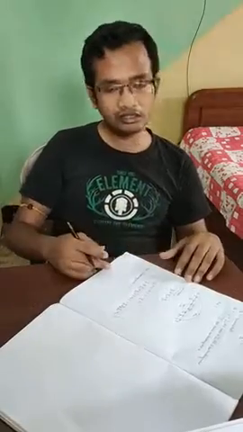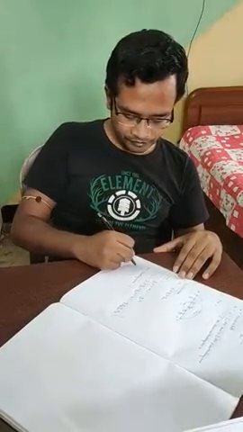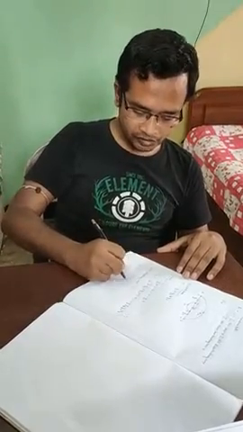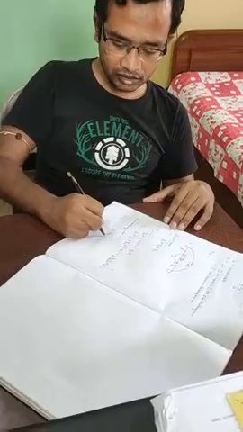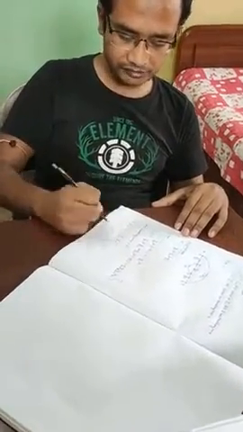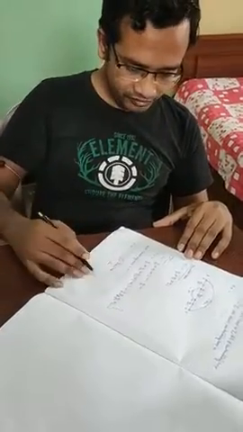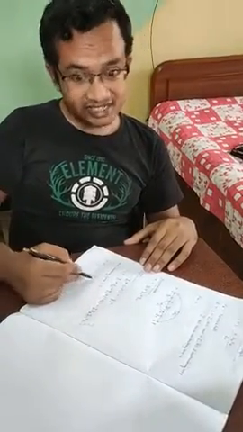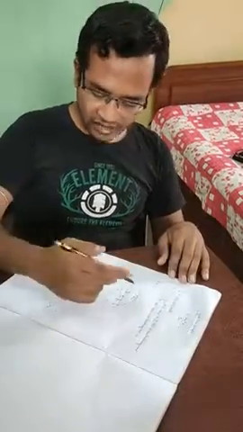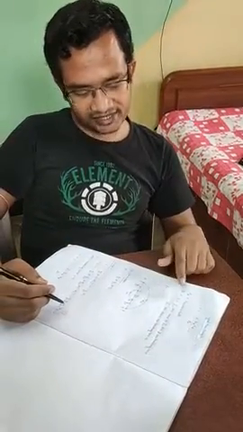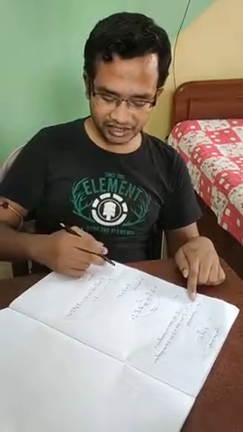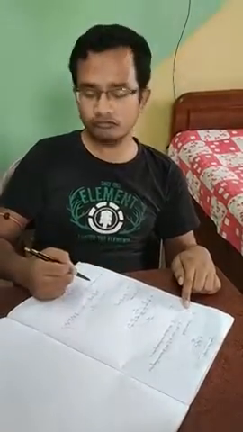Now let's form the transfer function. TF equals summation of Δk Pk divided by Δ. Now let's study what Δk is. What I have told you is that Δk is exactly the formation of Δ, but considering all loops that are not touching the k-th forward path. Now here the forward path is P1, so k equals 1.